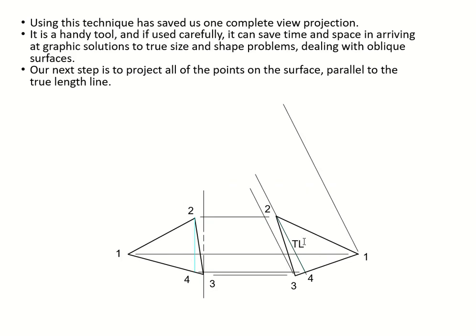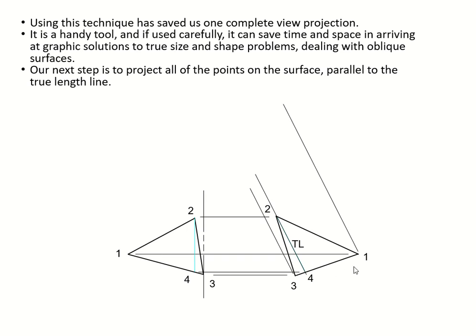Now we're going to continue the same thing doing our projectors. Projector lines are going to be drawn from each point, from point 1, from point 3, and then point 2 and 4. And these projectors got to be parallel to your TL. So where are we drawing from the points of your right side view?